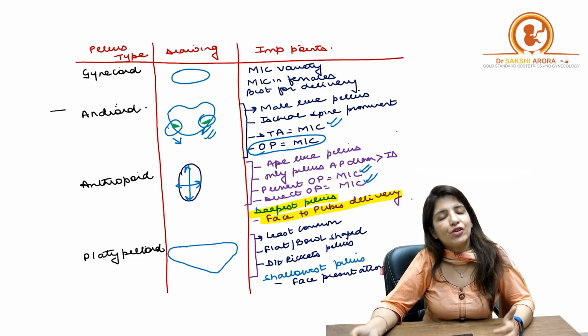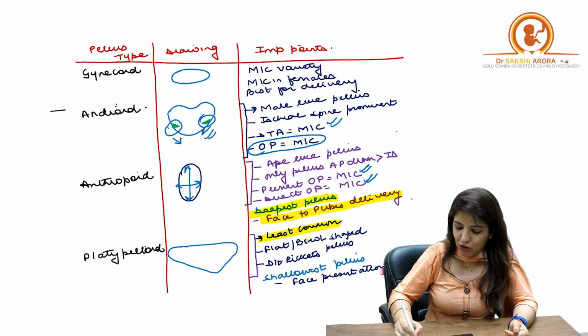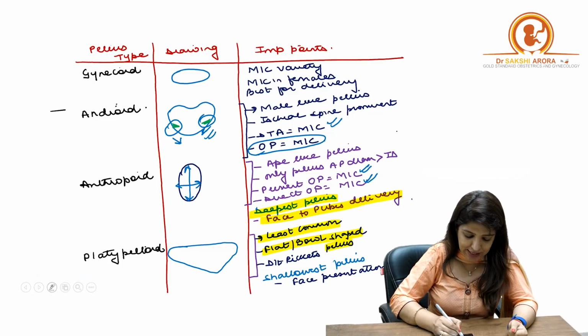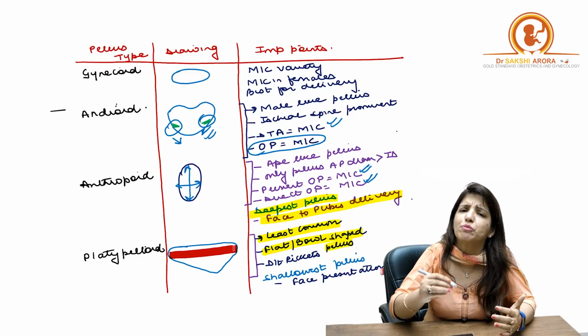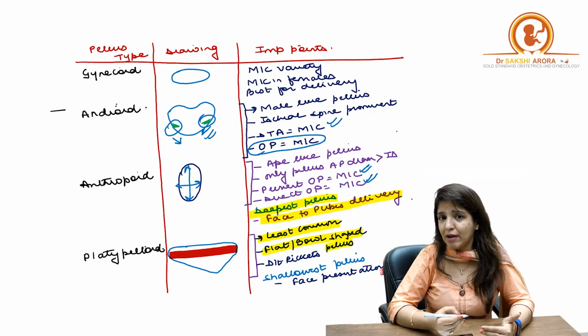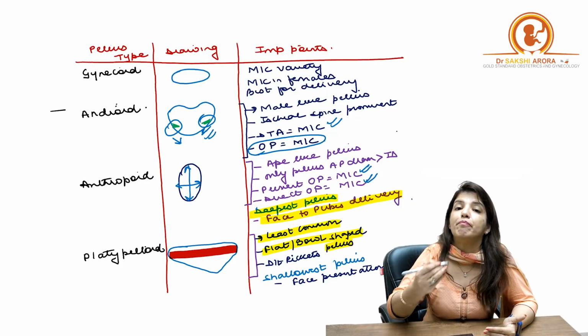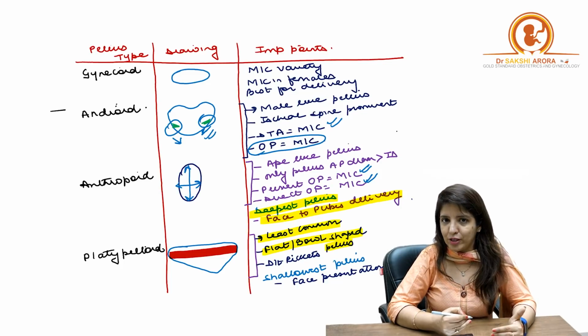Then comes the rarest variety of pelvis, which is the platypelloid pelvis. A platypelloid pelvis is a flat or bowl-shaped pelvis. As you can see over here, the transverse diameter is more, much more than AP diameter. So if they ask you in which pelvis is transverse diameter much more than AP diameter, it has to be a platypelloid pelvis.